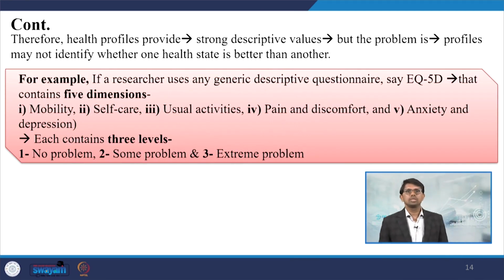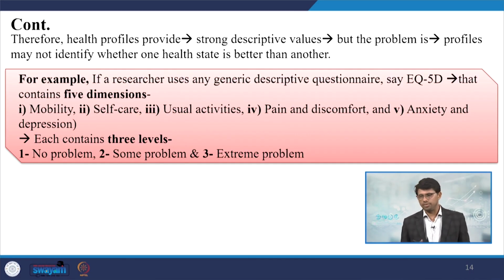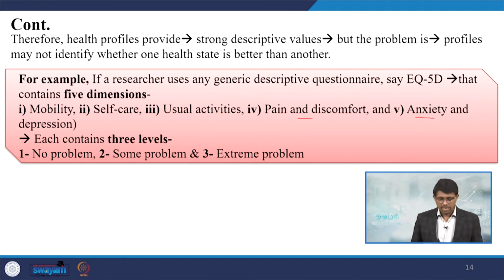If a researcher uses a generic descriptive questionnaire, that is the EQ5D, which I have already cited, that contains 5 dimensions starting from mobility, self care, usual activity, pain or discomfort, and anxiety or depression. Each contains 3 levels, and each level might be no problem, some problem or extreme problem.